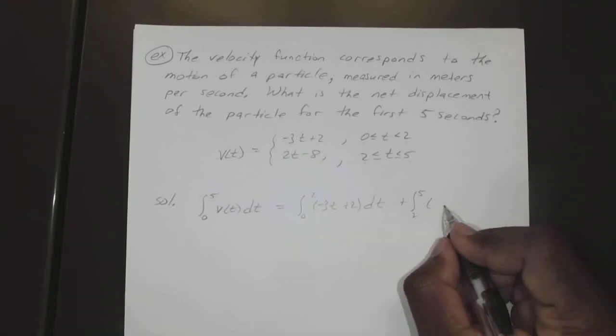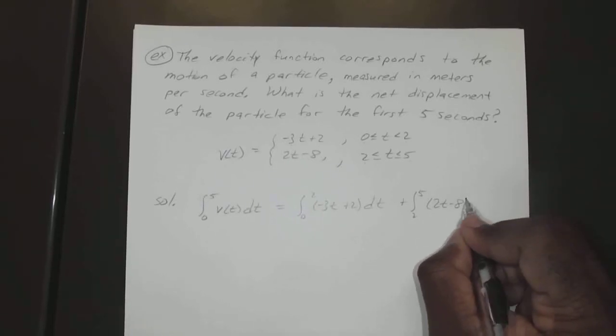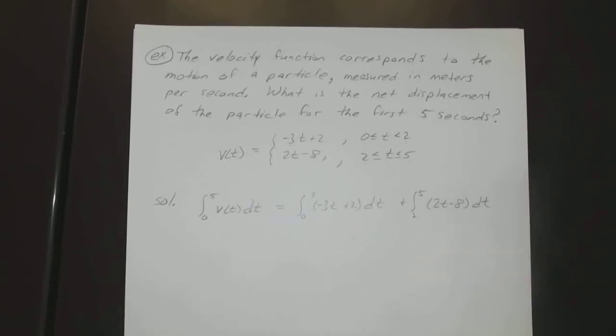And from 2 to 5, it's 2t minus 8 with respect to t. So you're just going to add them together. So really all they're saying is that for a short period of time, between 0 and 2 seconds, it was going a certain speed. Then from 2 to 5 seconds, it either picked up speed or slowed down, but it changed speed.